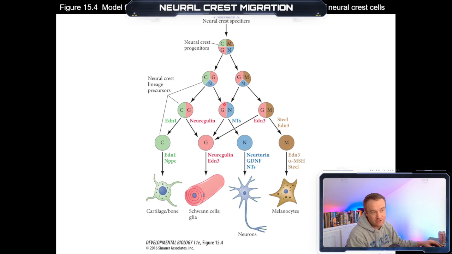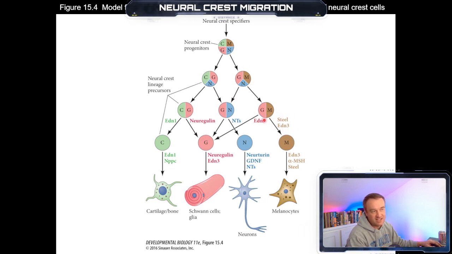Similarly, this precursor that can either be a Schwann cell or a neuron, if it expresses neuregulin, it can go this way. So you can see there are multiple paths here that a cell can take from that neural crest, where it can start as a GMN, or a glial neuron melanocyte, and then end up as a Schwann cell, or it can end up as a melanocyte, depending on what is expressed.